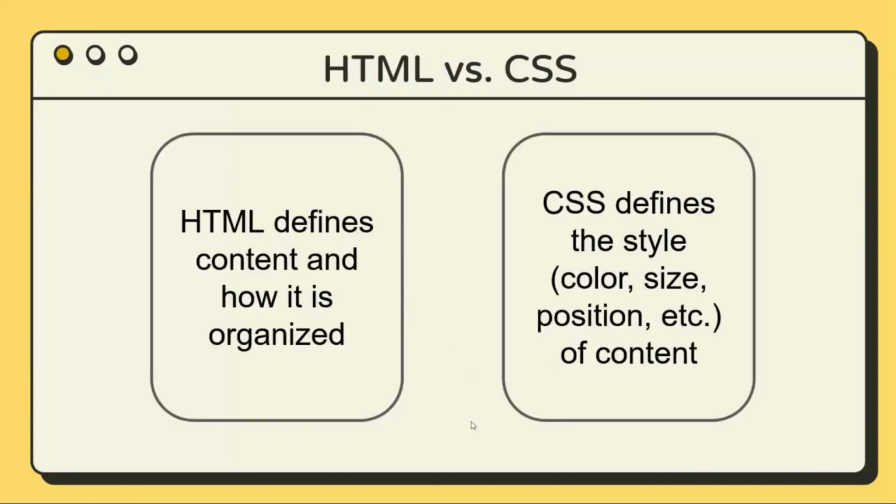So just to summarize the main differences between HTML and CSS. HTML is the content of the web page, all of your text, all of your images, and how it's organized into paragraphs or lists or headers on your web page. And then CSS is going to define the style, color, and position of the content.